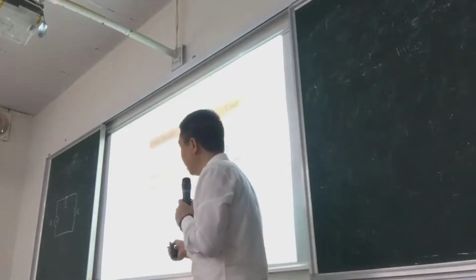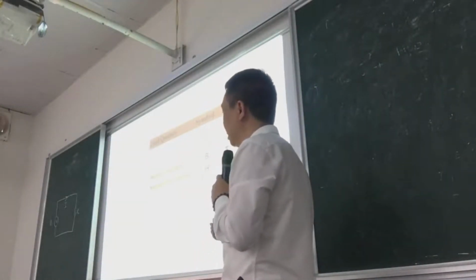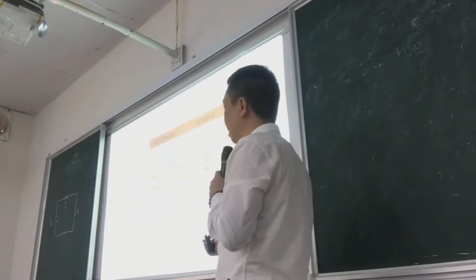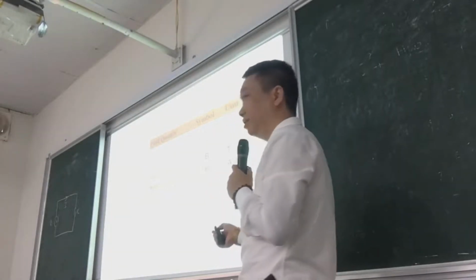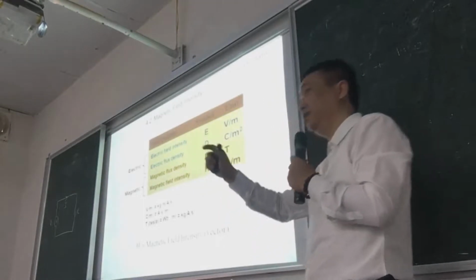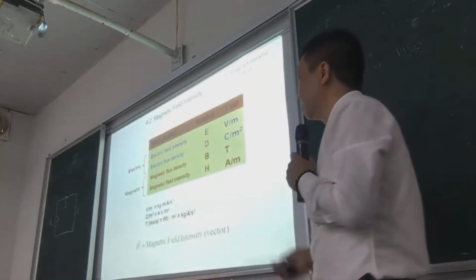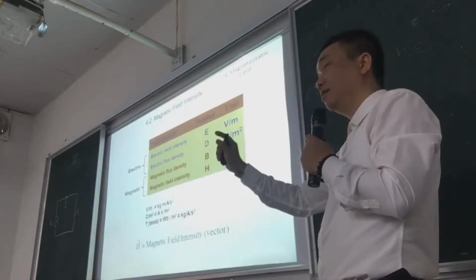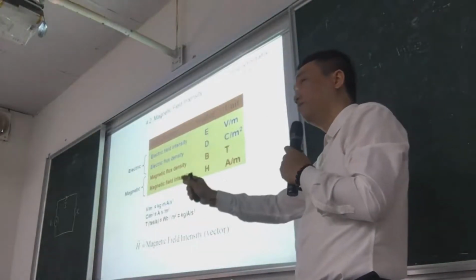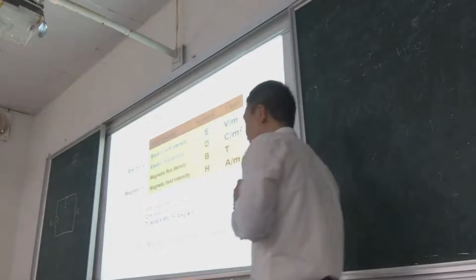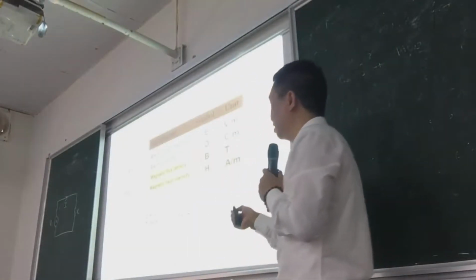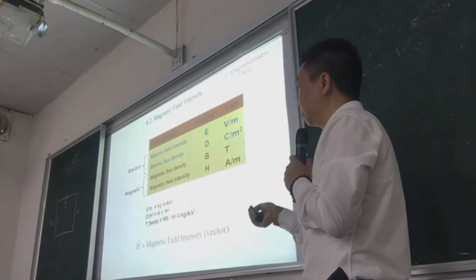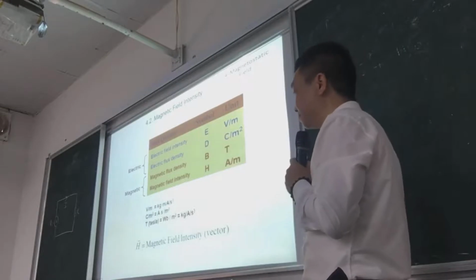And for magnetic, you have the magnetic flux density B and magnetic field intensity H, and again B and H can be used interchangeably. So B and H are the same, just different by a constant, only a constant. Okay, the magnetic constant.